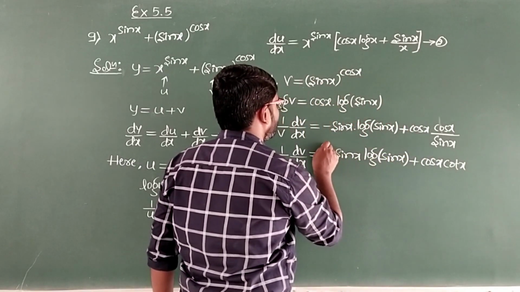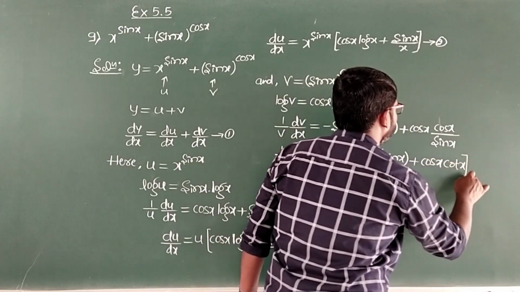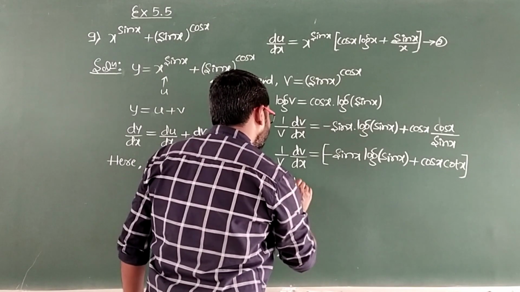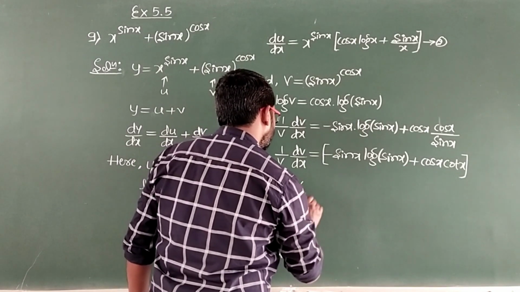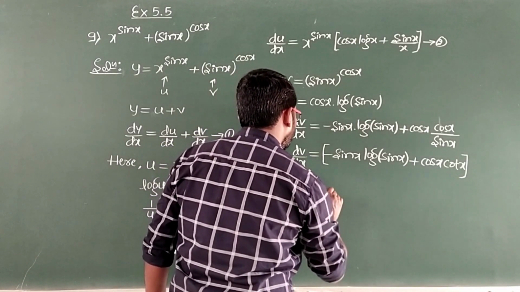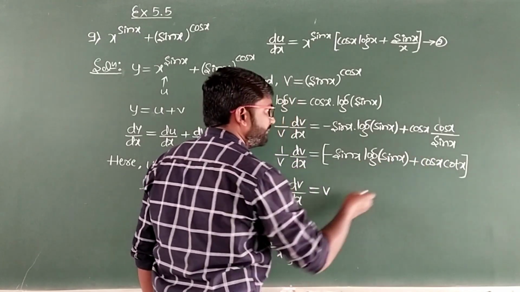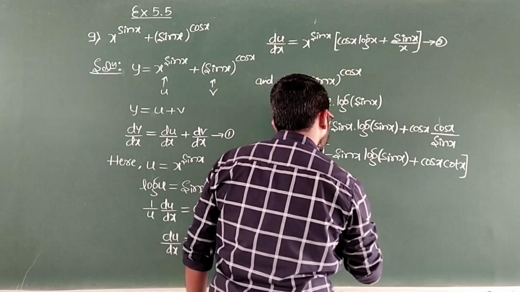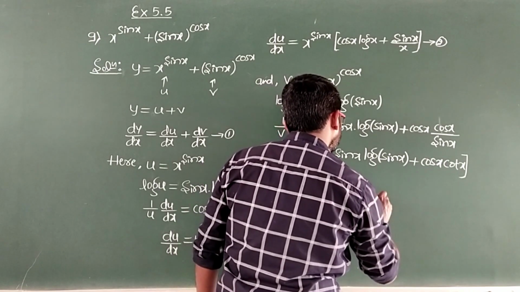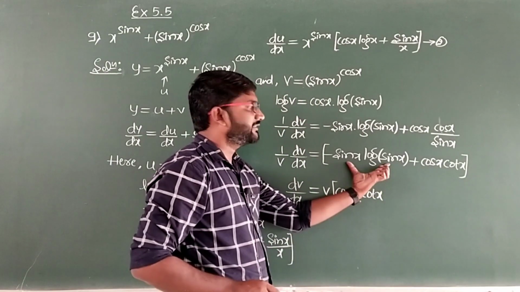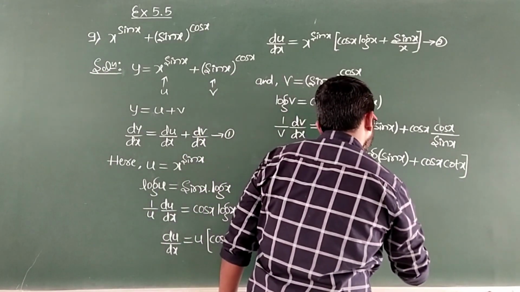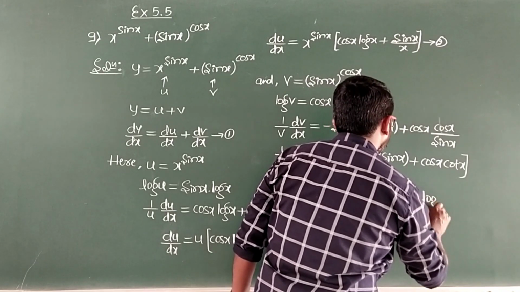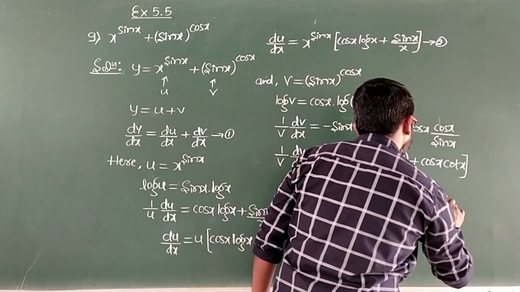So now in the next step we have to take v to the RHS, it goes to the numerator. dv by dx is equal to v into, writing the positive term in the beginning, cos x into cot x, and then write this negative term, minus sin x into log of sin x.